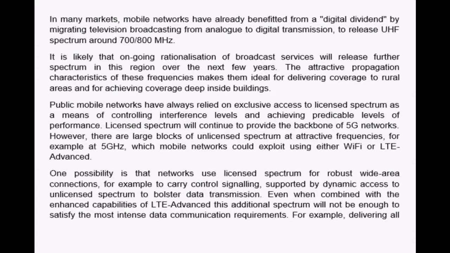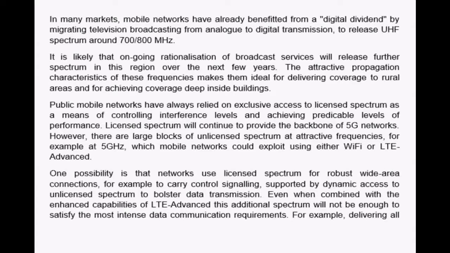However, there are also large blocks of unlicensed spectrum at attractive frequencies, for example at 5 GHz, which mobile networks could exploit, as Wi-Fi or LTE Advanced do. One possibility is that networks use licensed spectrum for robust wide area connections, for example to carry control signaling, supported by dynamic access to unlicensed spectrum to bolster data transmission.